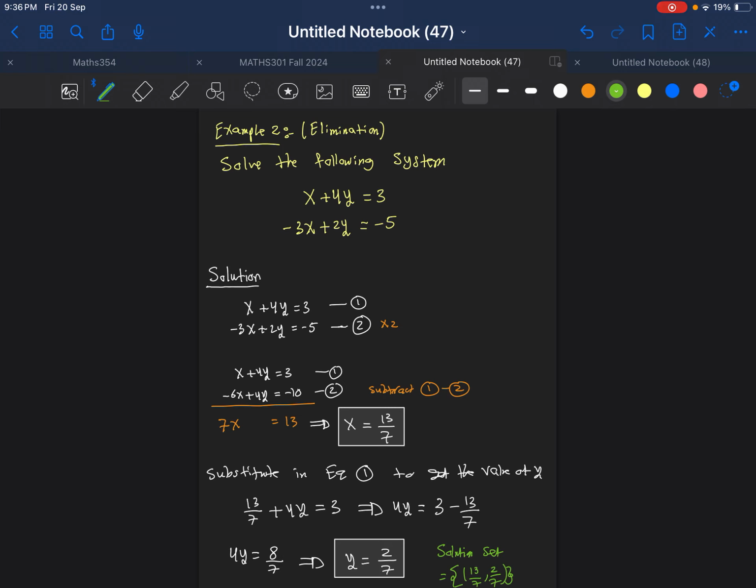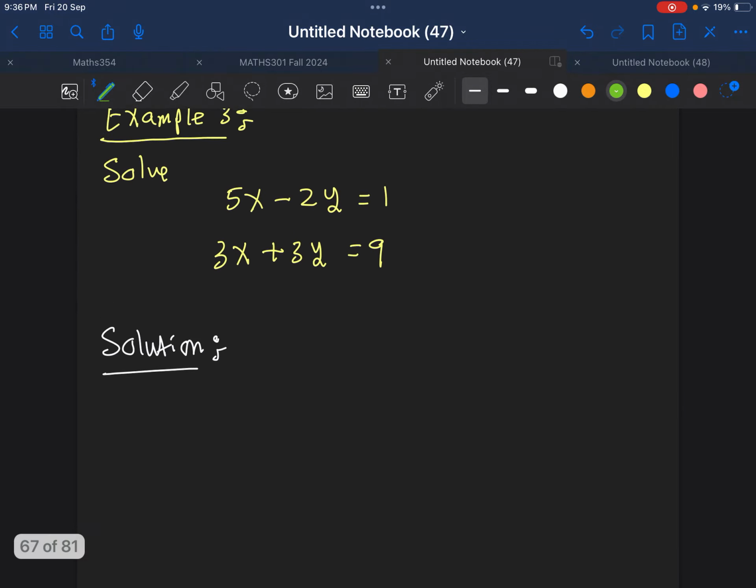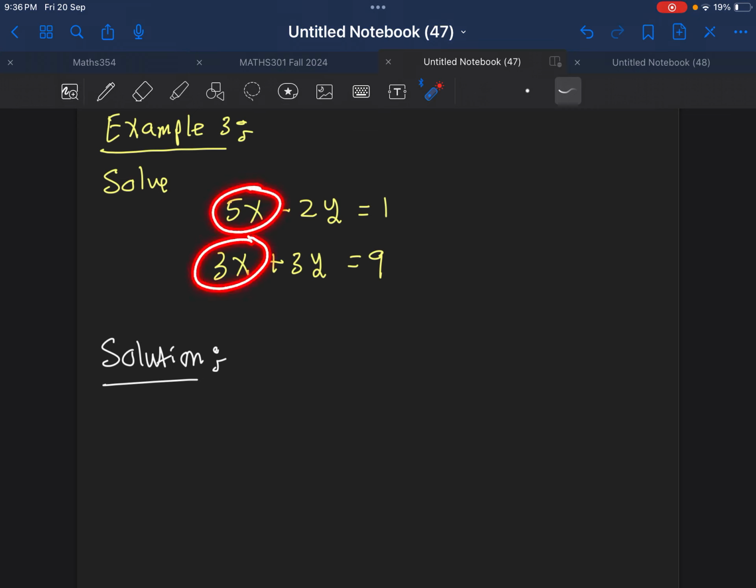Now let's do another example where the variable that we need to eliminate will not be so clear, where we can't just multiply by 2. Now let's look at this example here. Well, in this example, let's continue eliminating x this time. Here I have 5x, here I have 3x.